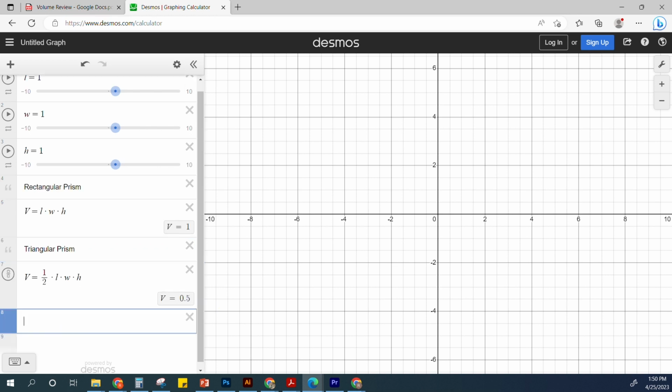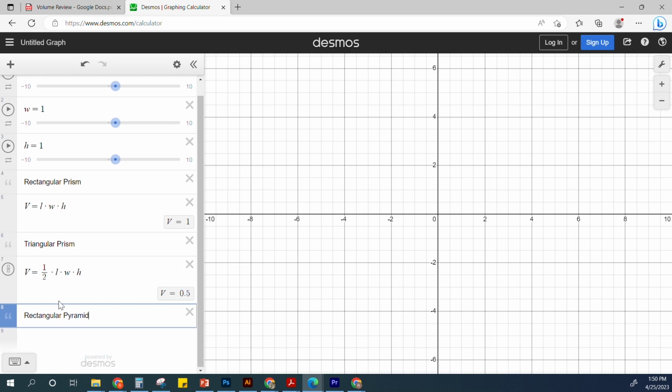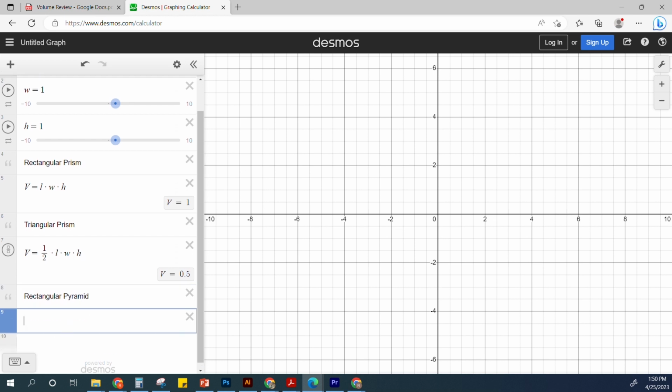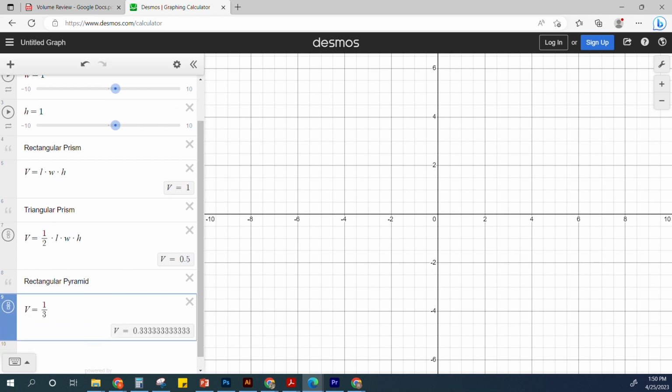And then let's go ahead and put in the volume for our pyramids as well. So we'll go ahead once again, we'll change this to a note and type a rectangular pyramid. And the formula for the volume of a rectangular pyramid, because it comes to a point, we're going to multiply it by 1/3. So 1/3 times our length times our width times our height.